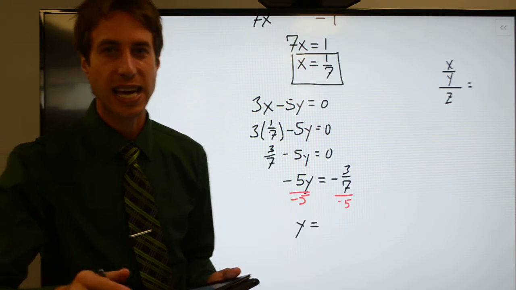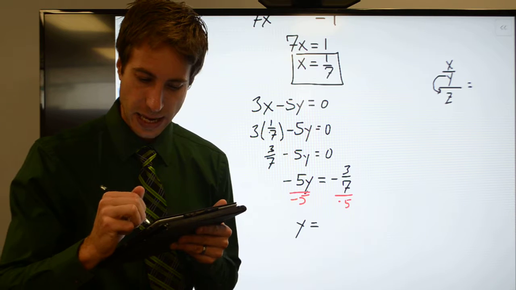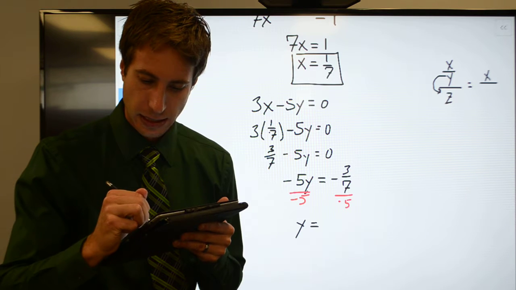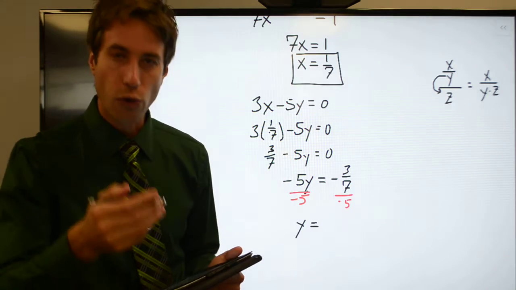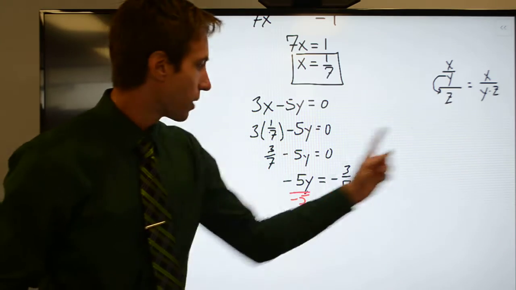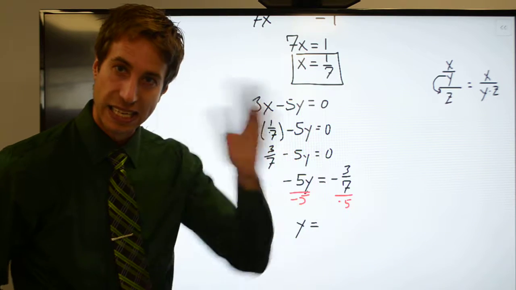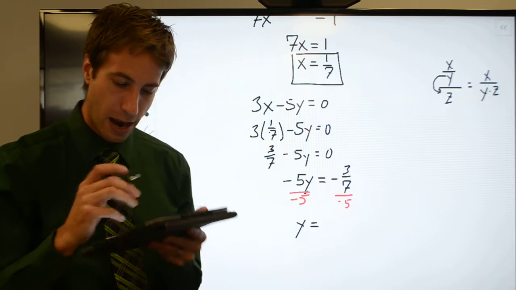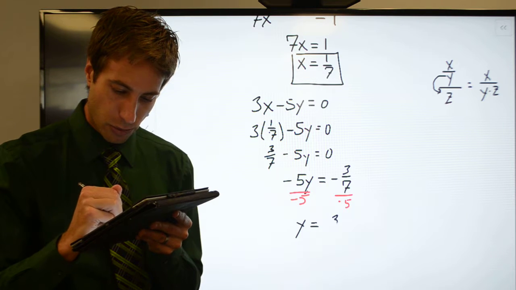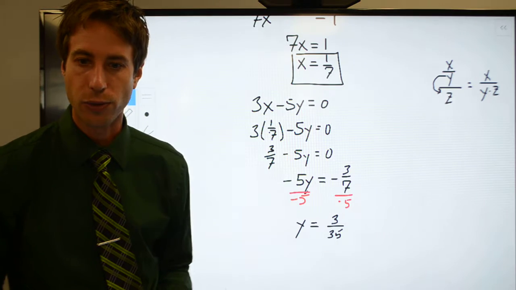It would work the exact same way, but there's a little shortcut that says take that y, drop it down into the denominator, and it's equal to x over y times z. Well, that's exactly what I've got here. I just take that 7, drop it into the bottom. The negatives are going to cancel each other out, and I wind up with 3 over 35, or 3/35.